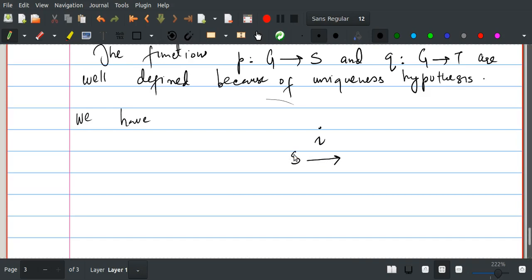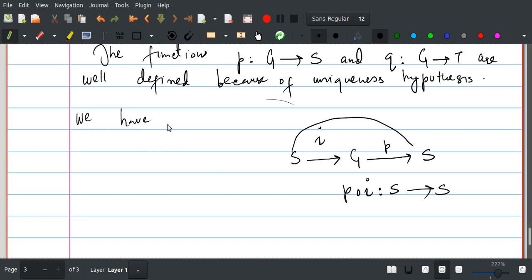This is a map from S to G, and this P is a map from G to S. So their composition, P composition I. First we are composing I. Now I is a map from S to G, and when we operate P, a map from G to S, P composition I is a map from S to S.